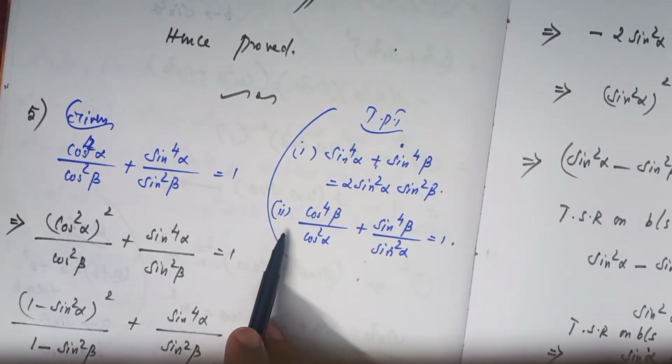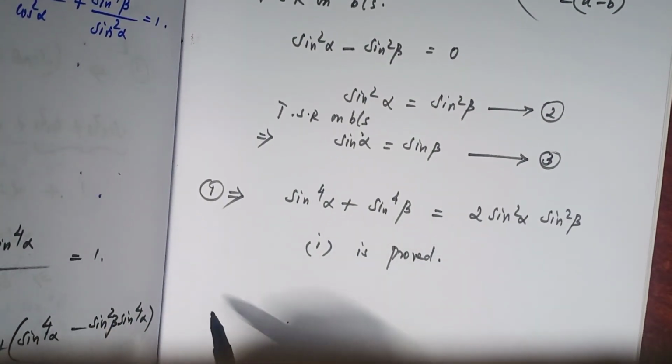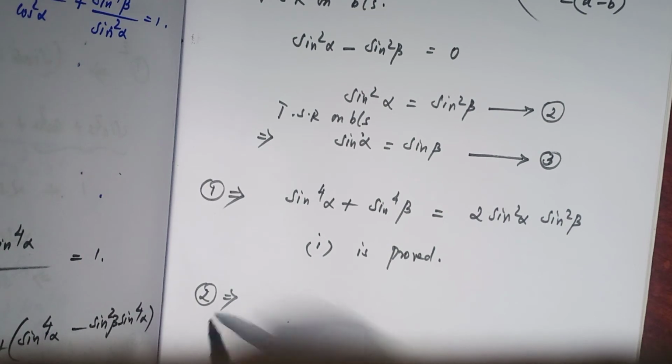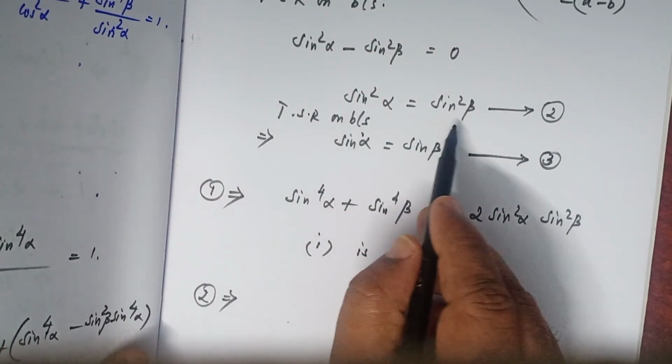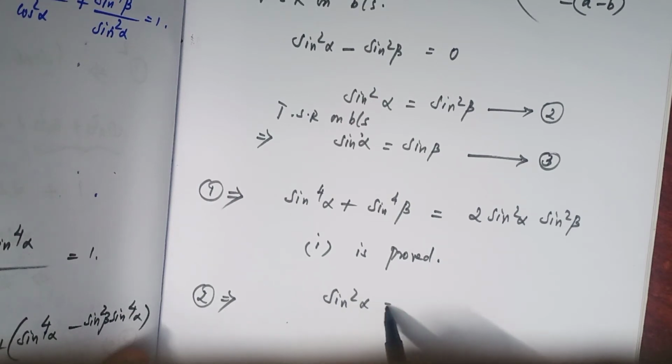For proving subdivision number 2, I consider equation number 2. Here it is sine square alpha is equal to sine squared beta.